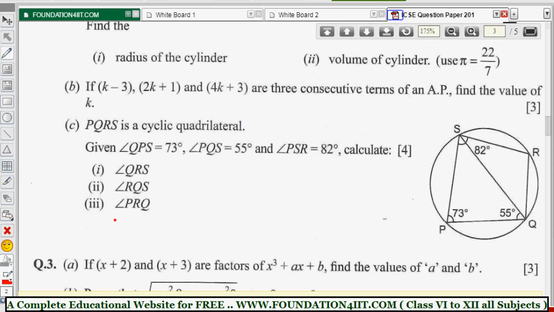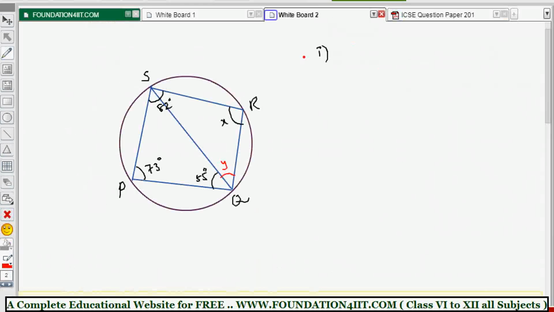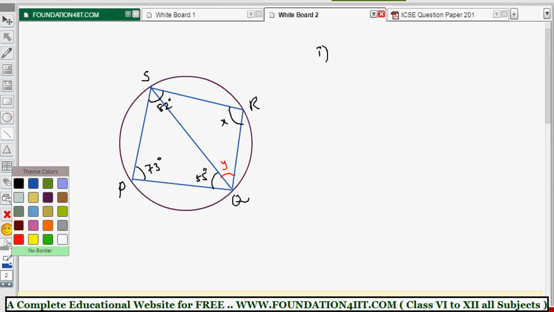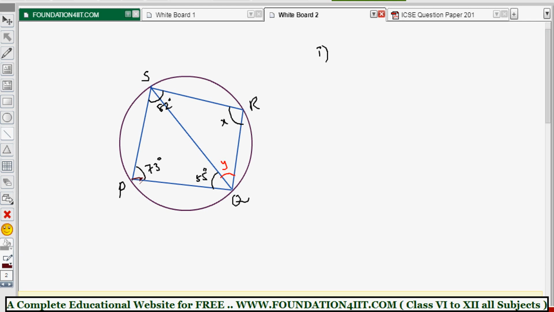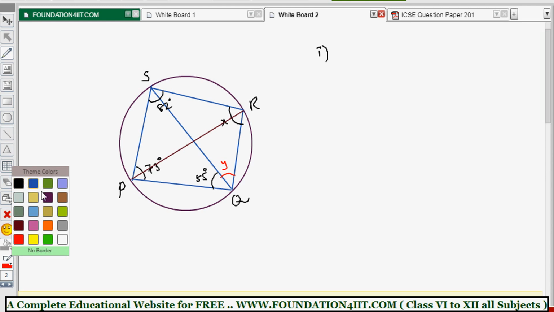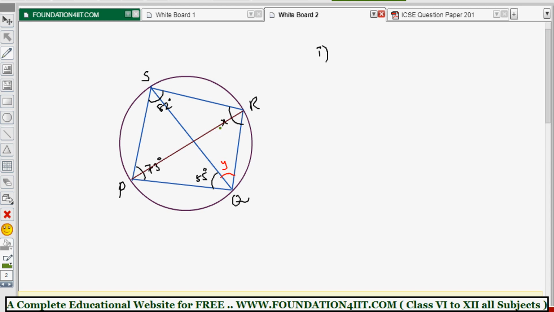And the third one we should find out is angle PRQ. We need to take one more line here. Take this angle as z. These three we need to find out.